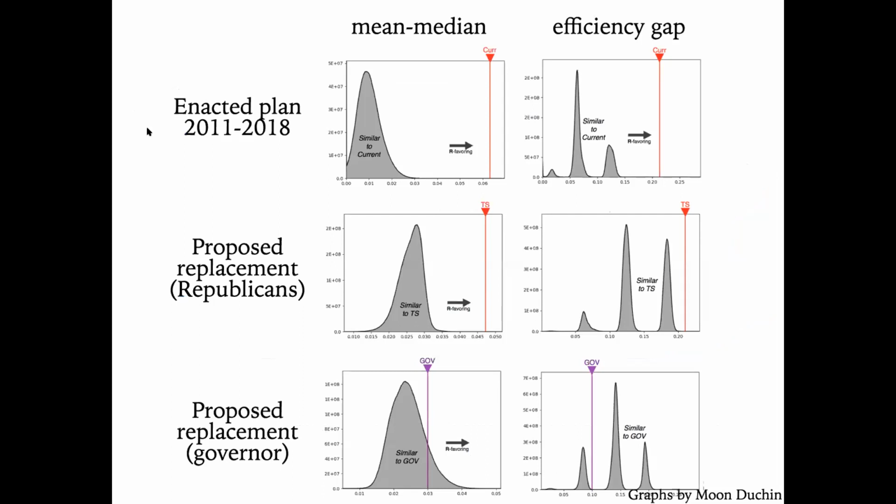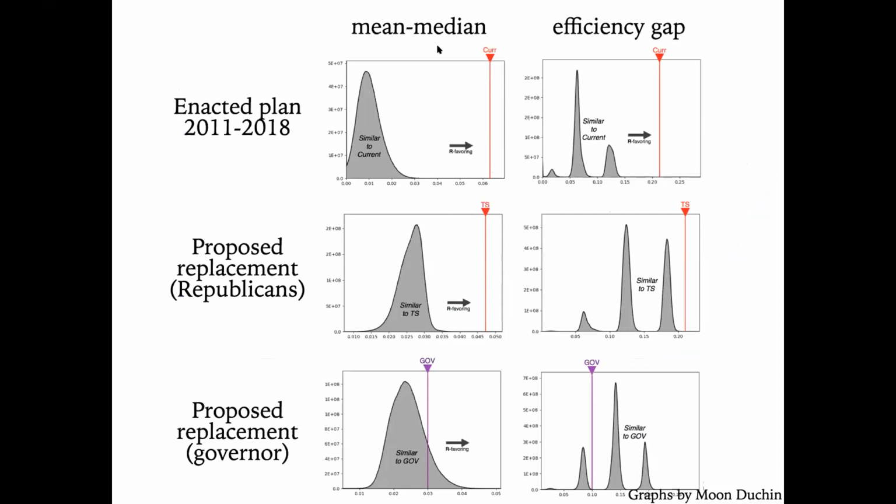The enacted plan is what's at the top, the current plan at the time that this picture was drawn. And as you see, when you start there and you do the recombination, you get this histogram that's way far away. So it tells you that probably whoever was drawing this map had some kind of ulterior motive.